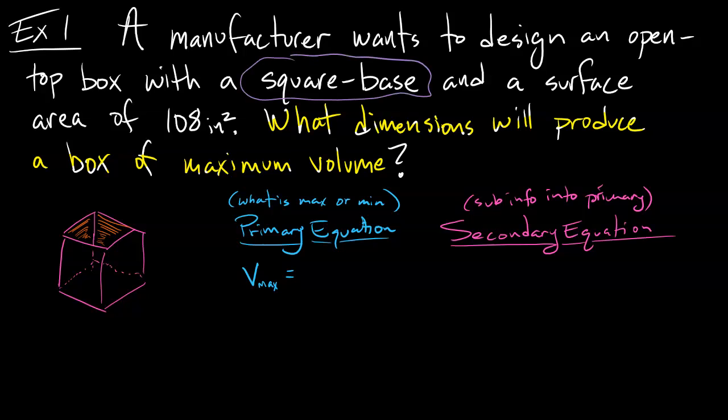So a square base would mean these two sides are the same. The height of the box could be different, probably is different, but we'll find out. We just know that the two sides on the bottom are the same. So the volume of this box would be side times side times height.